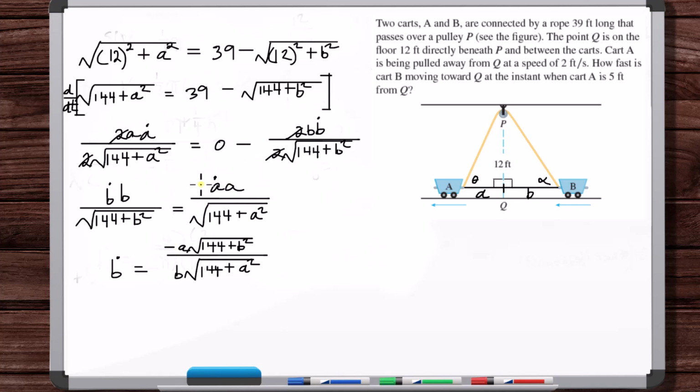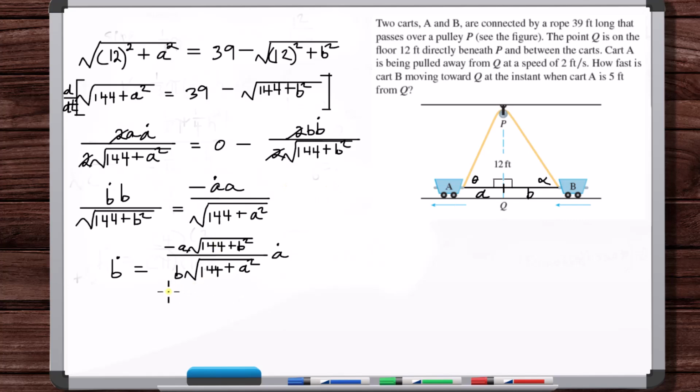There would be a negative because you add this to both sides to get these on opposite sides, so there's going to be a negative. And okay, and then we have a dot.